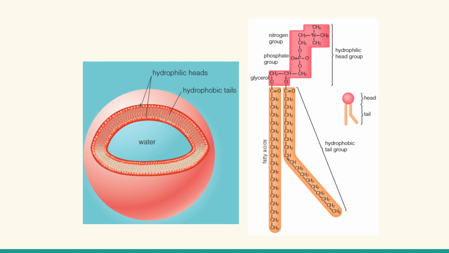It will not break apart on its own because all of these fatty acid tails constantly want to stick together, and then our hydrophilic phosphate and nitrogen groups at the end want to dissolve in the water. So you get water on the outside, you get water on the inside, and then you get the phospholipids separating the two of them in between.